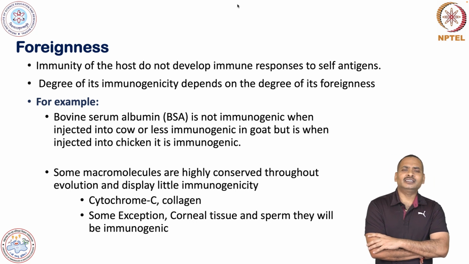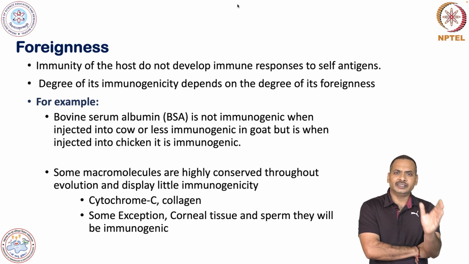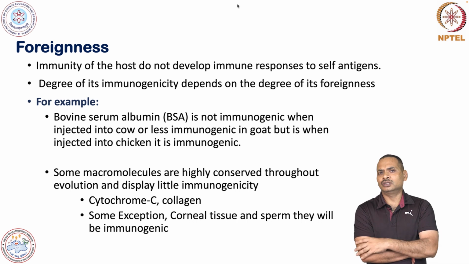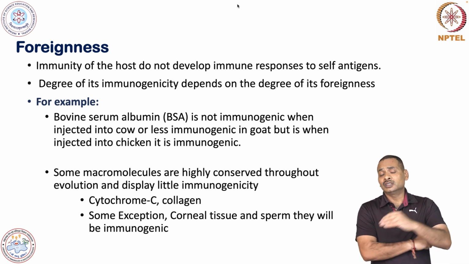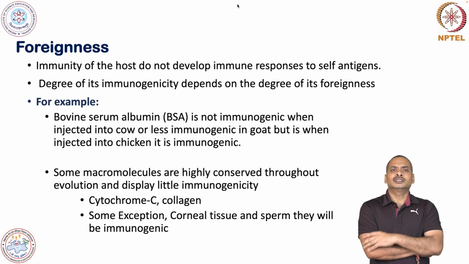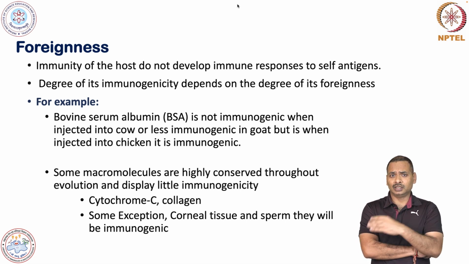If you take collagen or cytochrome C from cow and inject it into the chicken, it will be almost not immunogenic because they are highly conserved. Similarly, it is true for collagen protein.